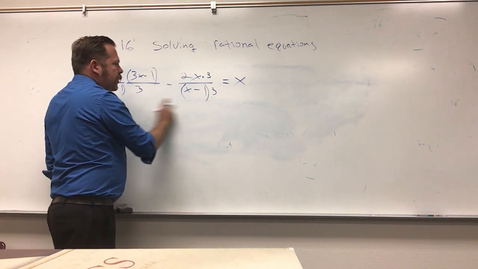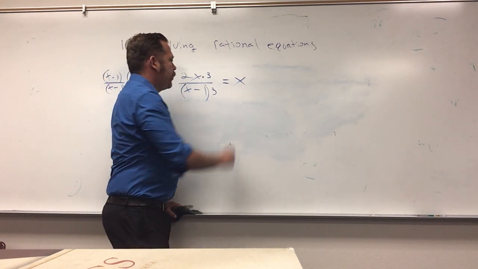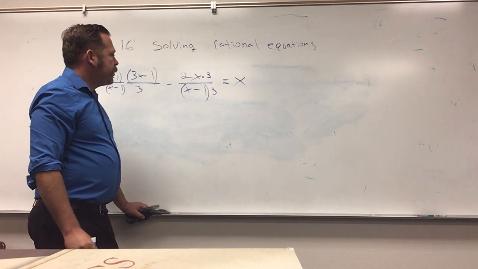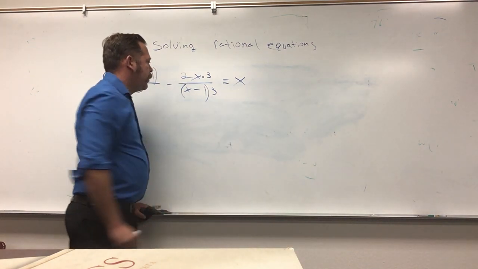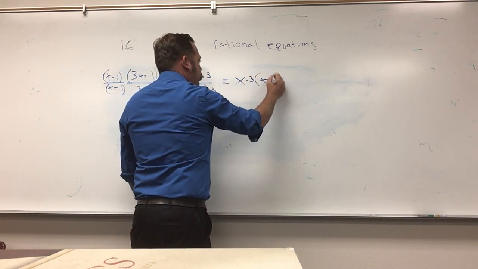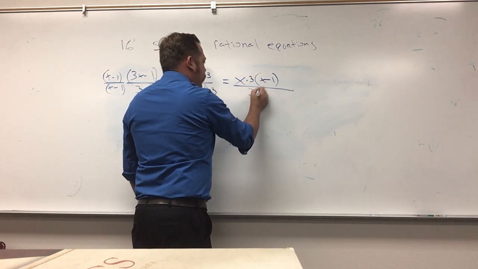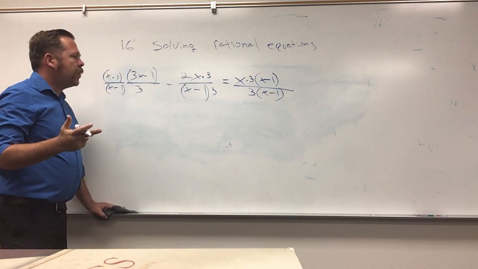Now these two have a common denominator, but we need this one to have a common denominator as well. And it needs two things in the denominator, because right now all it has is over 1. So it's going to need 3 times (x minus 1) over 3 times (x minus 1). Now look at our denominators.